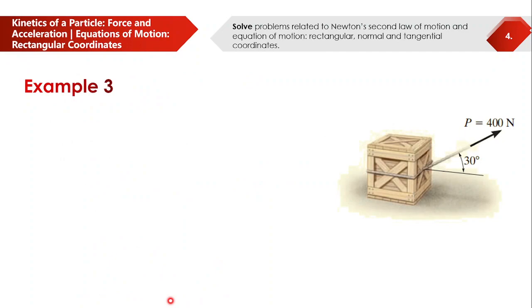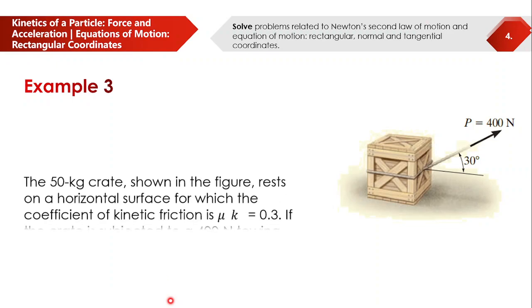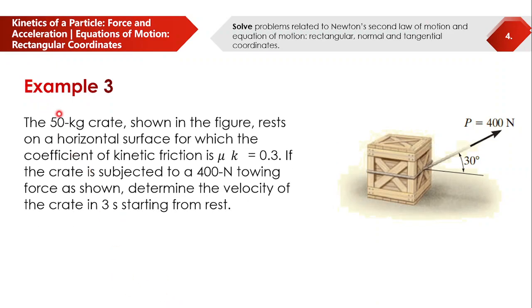So, how do we solve such problems? For example, number 3. The 50 kilogram crate, shown in the figure, rests on a horizontal surface for which the coefficient of kinetic friction is mu k equals 0.3. This is the coefficient of kinetic friction of the floor and your crate.